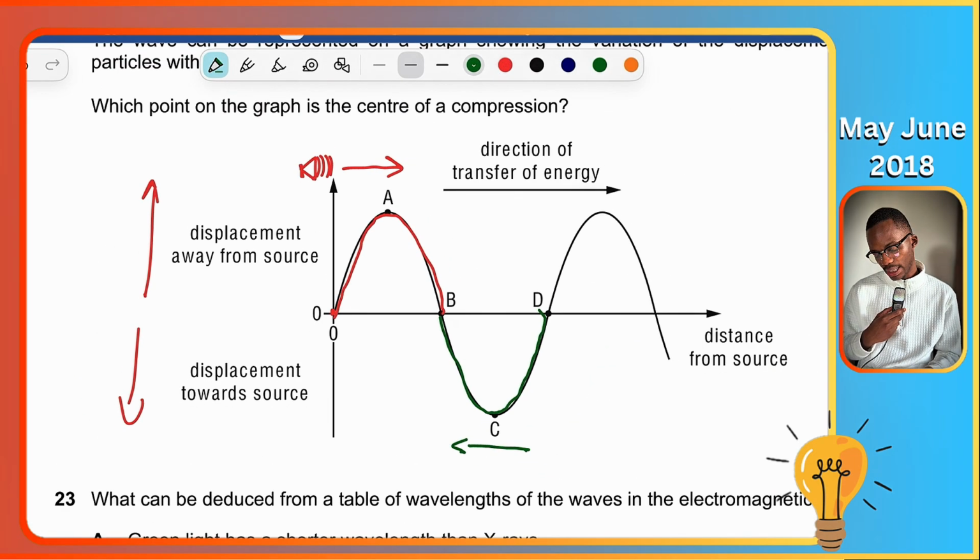You can see that these two arrows, the green and the red one, are pointing towards each other. They're crushing each other. So B is caught up in the middle of that. B is like, I don't want to be part of this, guys, but they're like, you have to be part of this. So B is going to be a center for compression. It has no choice. So the correct answer is B.